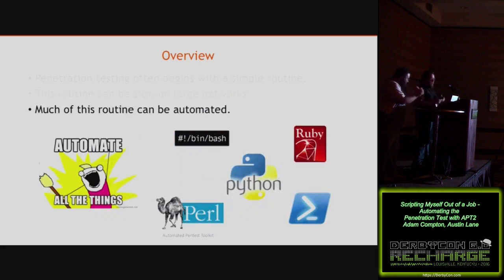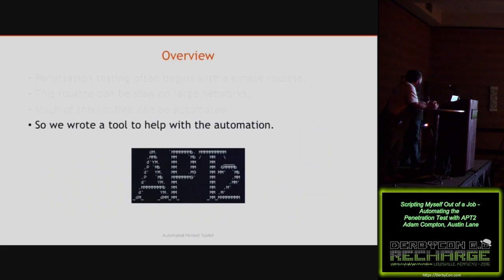Linux and a lot of other tools have great stuff, Bash, Python, Perl, Ruby, but in each instance you're running your own things, coming up with a quick bash script to do the same task over and over again and then dumping all of that into a file that you can review. So we wrote a tool to help with the automation. This is APT2.